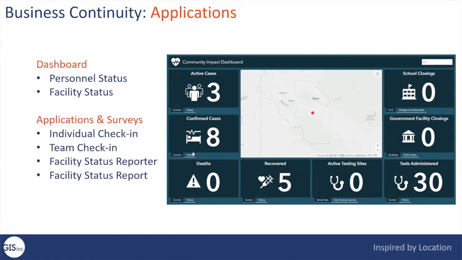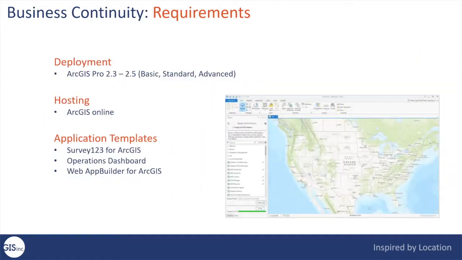If you're not familiar with Esri or the ArcGIS platform, there are a couple of things that you need to consider before you get started. In order to deploy the business continuity solution, you have to start off with ArcGIS Pro. ArcGIS Pro is Esri's flagship GIS desktop product, and you need to have at least version 2.3 to 2.5 basic, standard, or advanced.